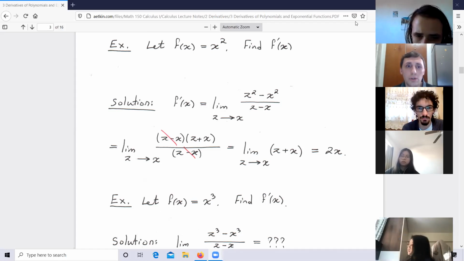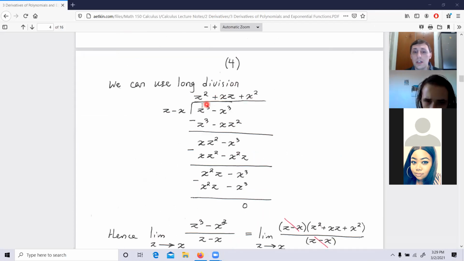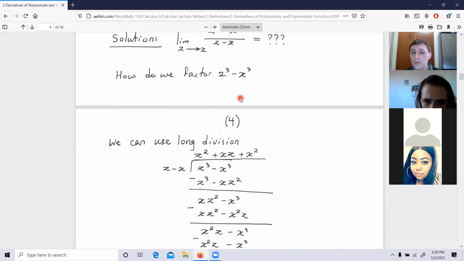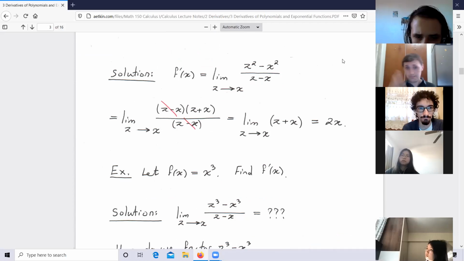Right? If you do not know how to do that, you do long division. That's very good. You see, here is the long division, guys. If you don't remember, you always want to have some sort of tool. Do you remember long division? That's a good time to review long division. Good for your algebra, good for your overall mathematical well-being.